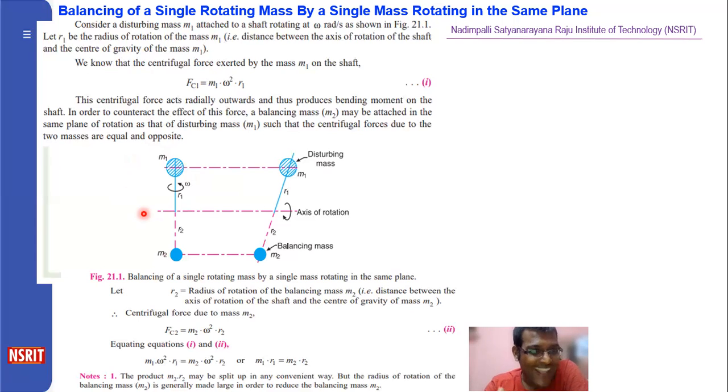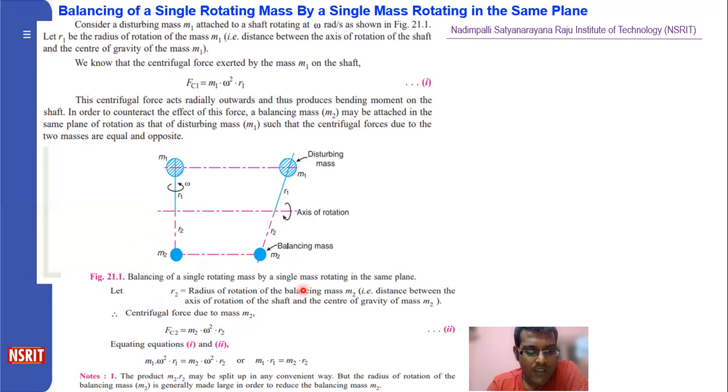In order to counteract the effect of this force, a balancing mass M2 may be attached in the same plane of rotation of the disturbing mass, such that the centrifugal forces due to the two masses are equal but opposite. So let's take R2 as the radius of rotation of balancing mass M2.